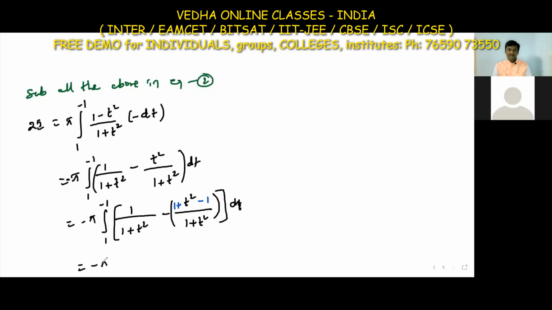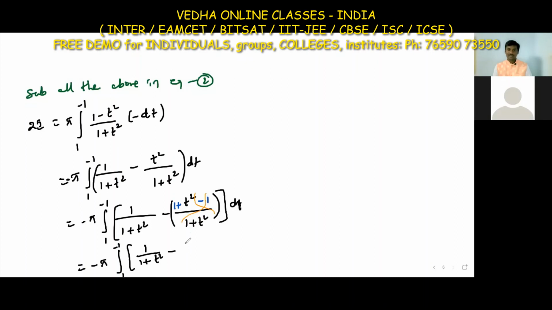So minus pi into the integral from 1 to -1 of 1 divided by 1 plus t square minus... if we separate the denominator again here, 1 plus t square by 1 plus t square minus 1 by 1 plus t square. I am separating the terms once again.